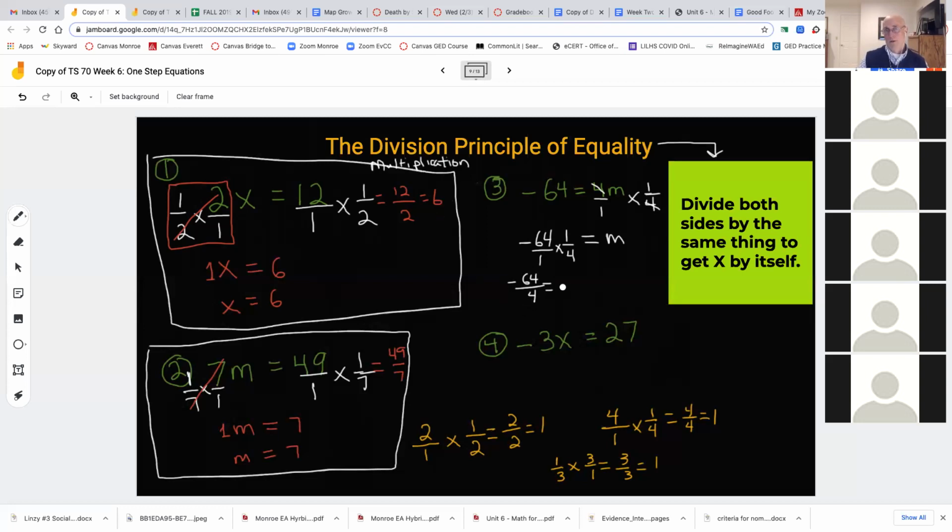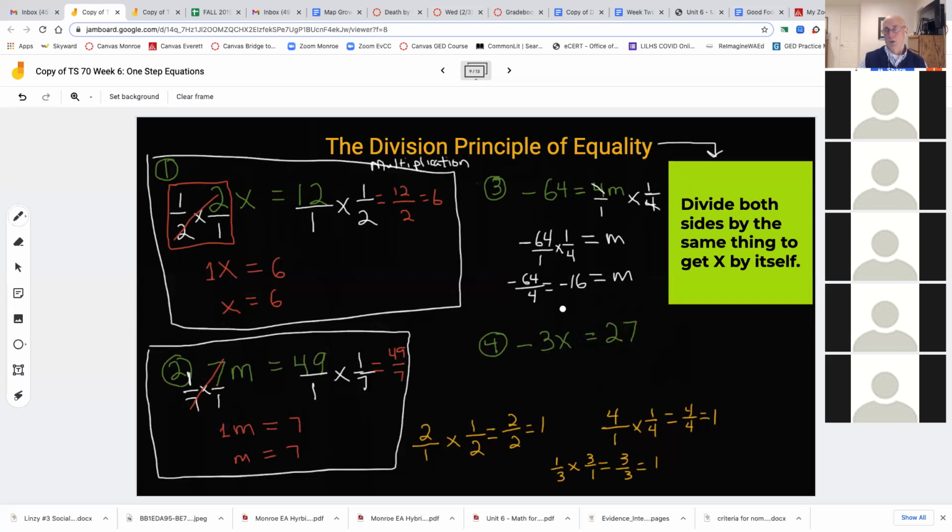So it's a negative 16. Negative 16 equals m. I think I did that right. 4 goes into it. Yep. So negative 16 equals m, or m equals negative 16.